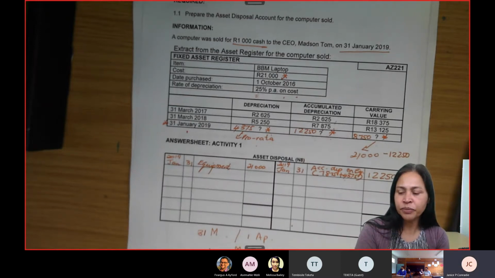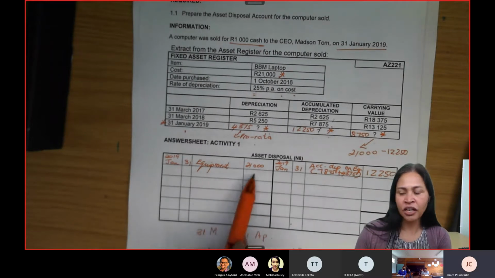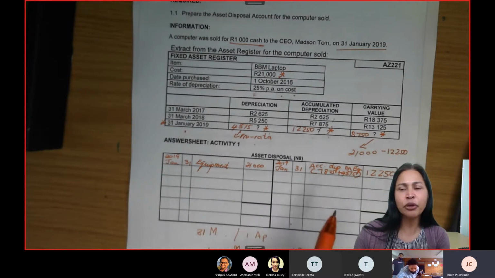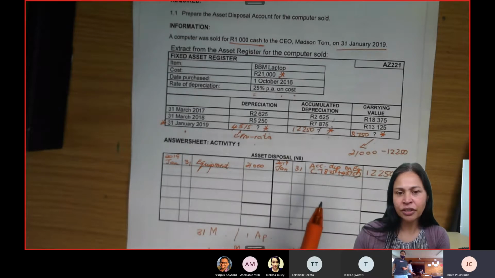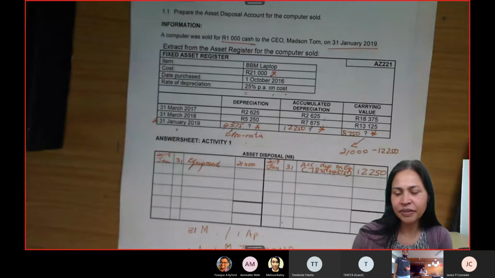Any input? Keep in mind, I have entered the cost. I've entered the total accumulated depreciation. I now need to determine how I have disposed of it, as well as for how much. I think you must enter the bank, the money that you received in your bank.